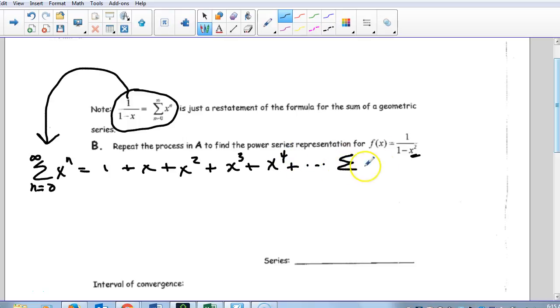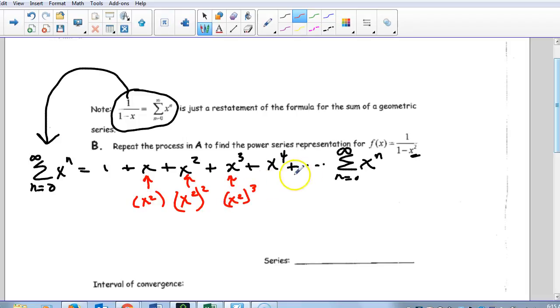Squished form, as I love to call it, is the sum of x to the n, which is absolutely how I started, n equals 0. Well, if I have x squared, why not just substitute in x squared every place I see an x? So I'm going to put in x squared here, I'm going to put an x squared in here, so that becomes x squared squared. Put an x squared here, I got x squared cubed. Put an x squared in there, I've got x squared to the 4th.